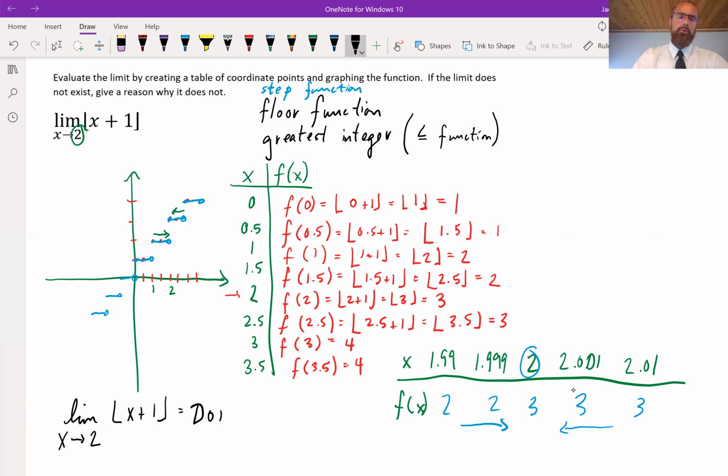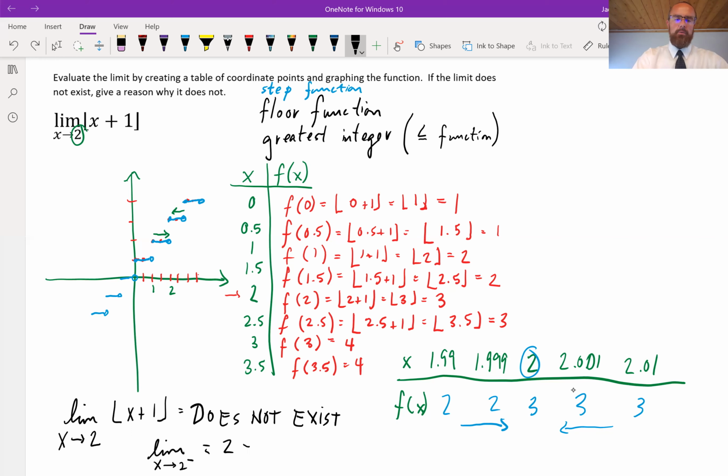And again, we want to put a reason for why this limit does not exist. So again, let's write it mathematically. The limit as x approaches 2 from the left equals 2. Those were these values that we saw there.